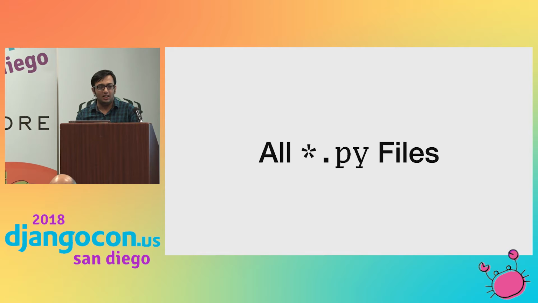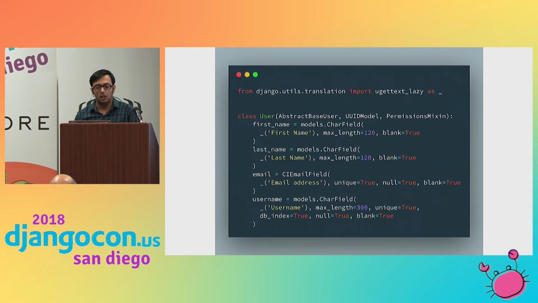So let's discuss how to support translations in all .py files. We'll talk about models. I have this user model here, which has the verbose name defined with the ugettext_lazy function. If you see the import at the top of the file, it's from django.utils.translation import ugettext_lazy as _, and all the verbose name properties are marked with ugettext_lazy.